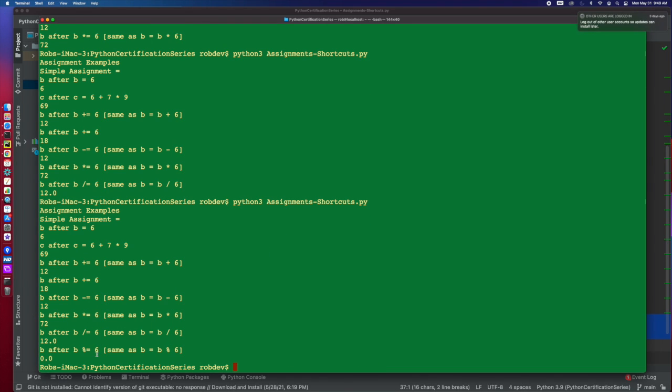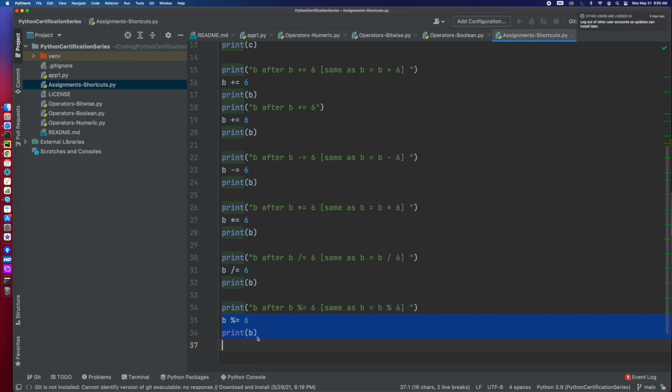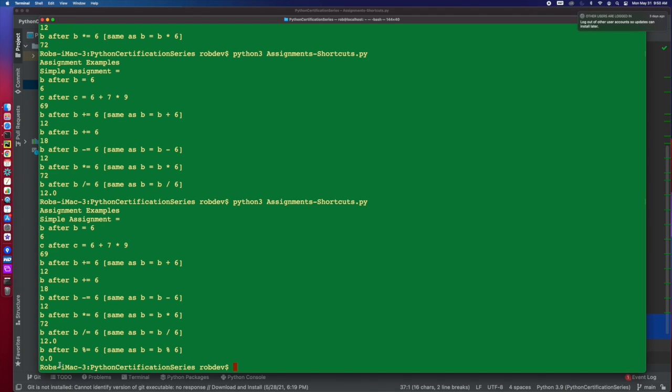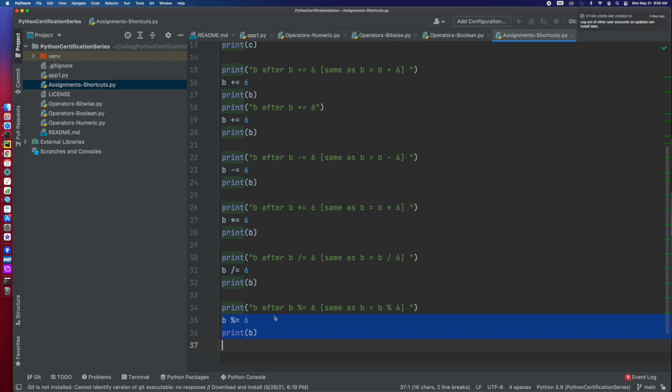Now, b divided by 6, so it doesn't like that. Did I not do that right? Oh, I'm sorry, because this is mod, so the remainder is that. Now we've converted it to the remainder. So let's change this a little bit. Whoops.